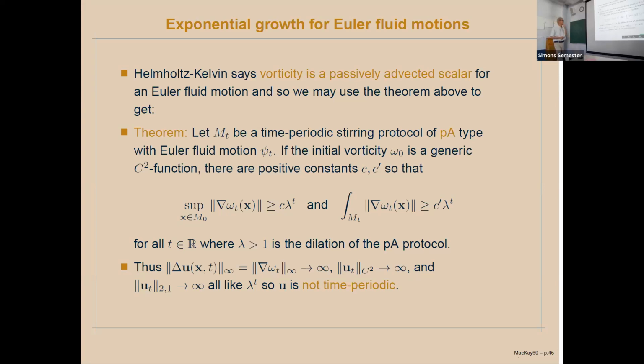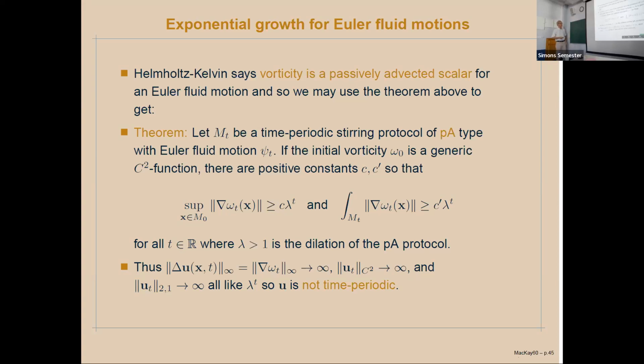Then there are positive constants so that the gradient of the vorticity is growing exponentially in both the sup norm and the L1 norm.